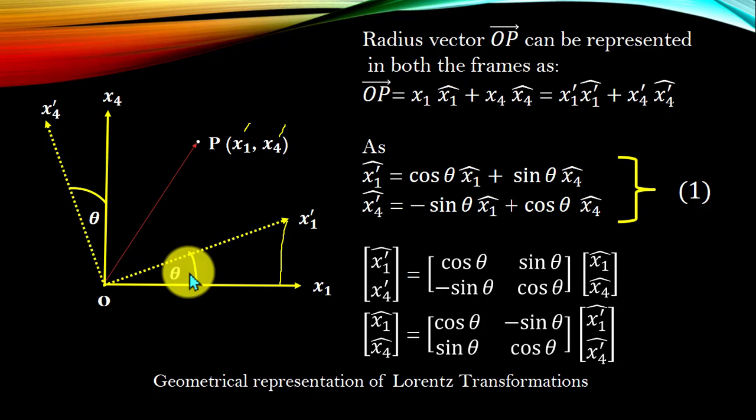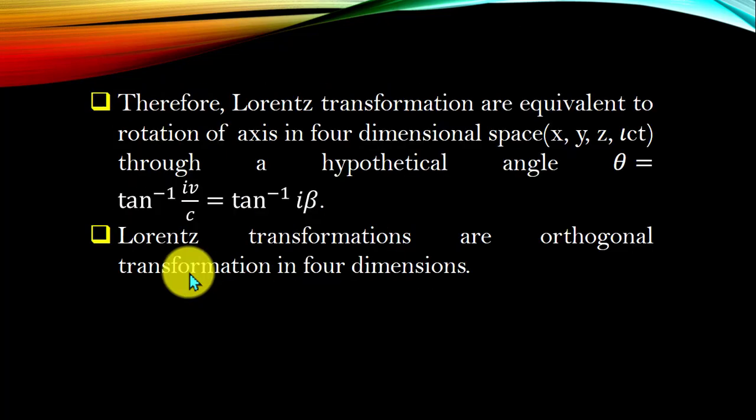So we can say here that Lorentz transformations are equivalent to a rotation of axes in 4-dimensional space, which is x, y, z, iota c t, through a hypothetical angle theta, which is equal to tan inverse of iota v by c. So you can say that Lorentz transformations are orthogonal transformations in the 4-dimensional space.